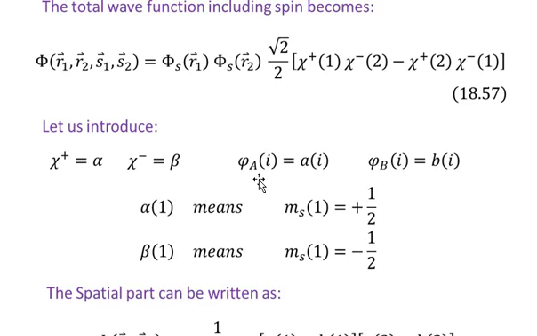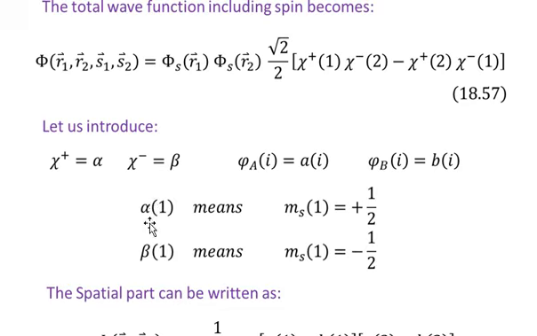And phi a of i, that is the wave function phi a, will be represented simply by a, and the wave function phi b will be simply represented by small b. And i could be 1 and 2. 1 means that we are considering electron 1 and 2 means that we are considering electron 2. So alpha of 1 means that we are considering particle 1 to have spin up, that is ms of particle 1 is equal to plus half, and beta 1 means that we are considering the particle with ms equal to minus half.